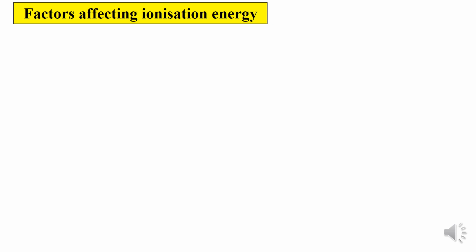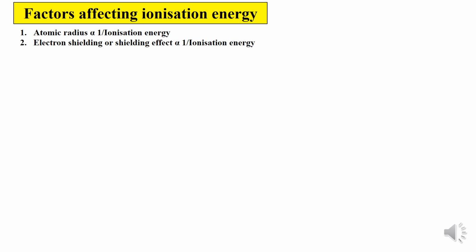Now let me walk you through some of the important factors affecting the ionization energy, like atomic radius, which is inversely proportional to the ionization energy, electron shielding or shielding effect, also known as screening effect, which is inversely proportional to the ionization energy, nuclear charge, which is directly proportional to the ionization energy, electronic configuration of the atom, and the penetration effect.